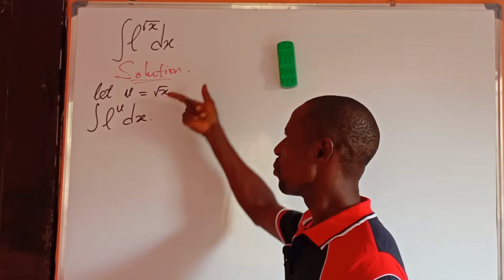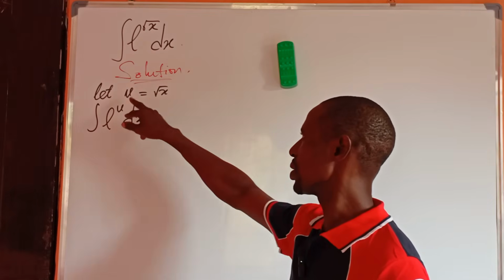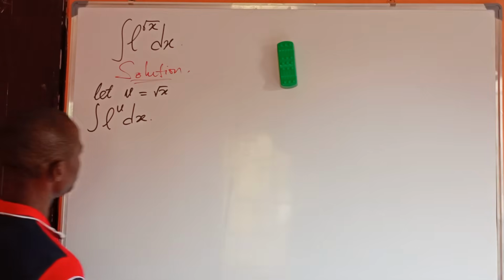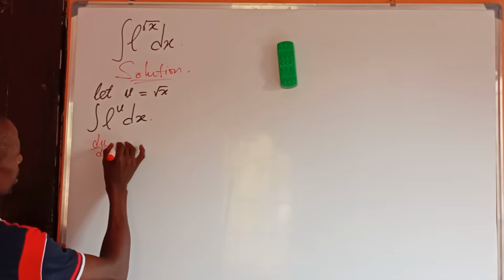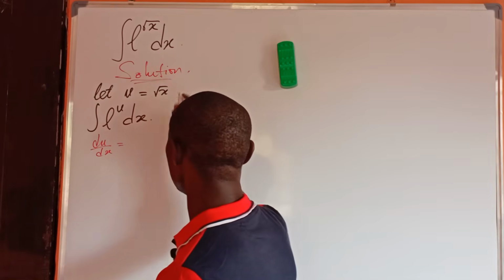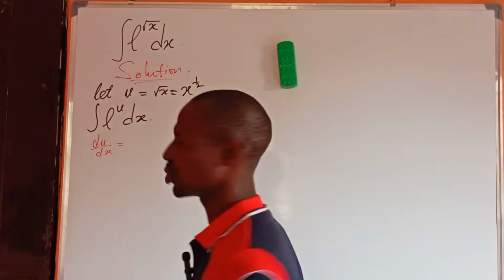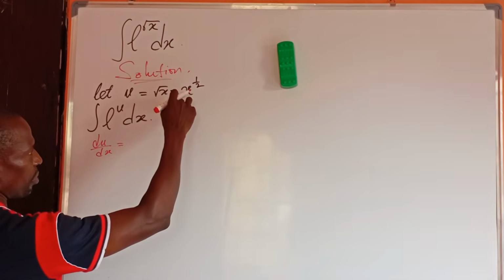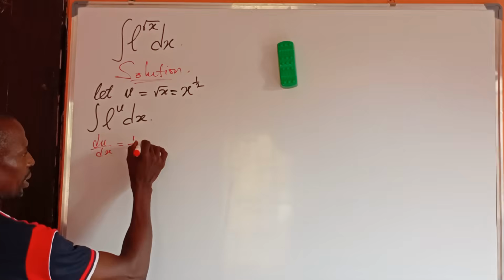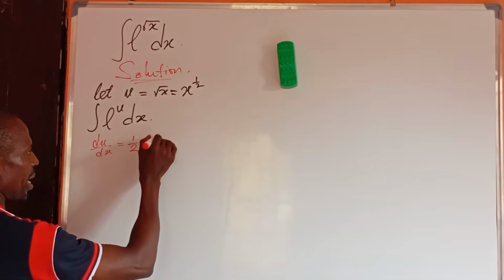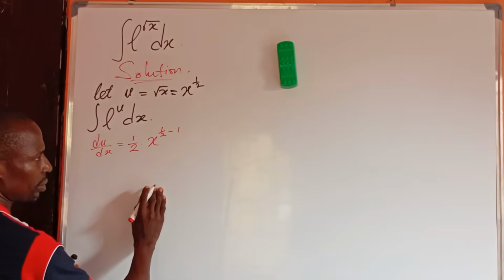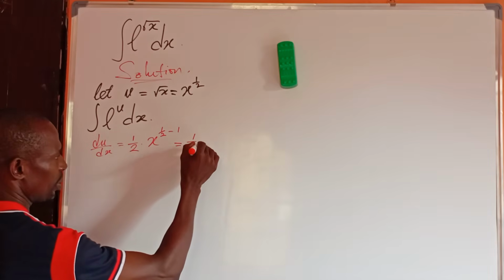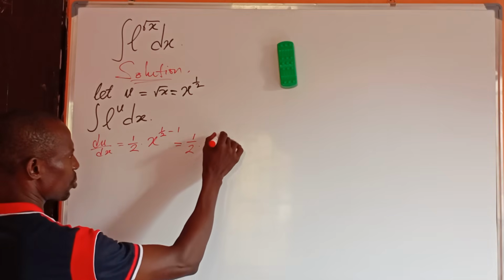For us to get du, we have to differentiate u equals the square root of x. Differentiating, du/dx will be equal to, remember, the square root of x can be written as x raised to the power of 1/2. Applying the rule of differentiation, we multiply by the power 1/2, giving 1/2 times x raised to 1/2 minus 1, which is minus 1/2. So we have 1/2 times x raised to minus 1/2.